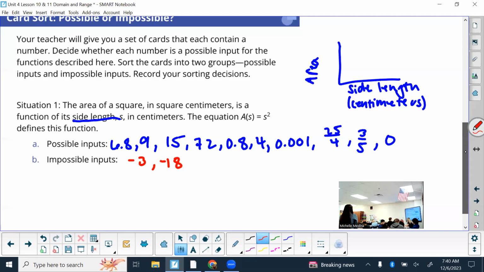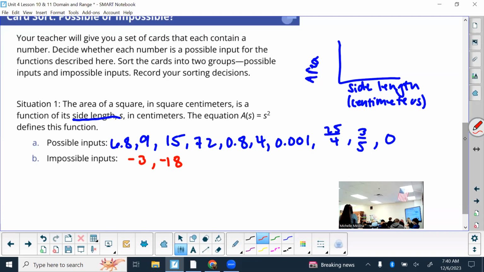So I will include some verbiage that you might see. For my possible inputs, if I'm summarizing them, you could really say all non-negative real numbers. Okay, so non-negative means positive, right?